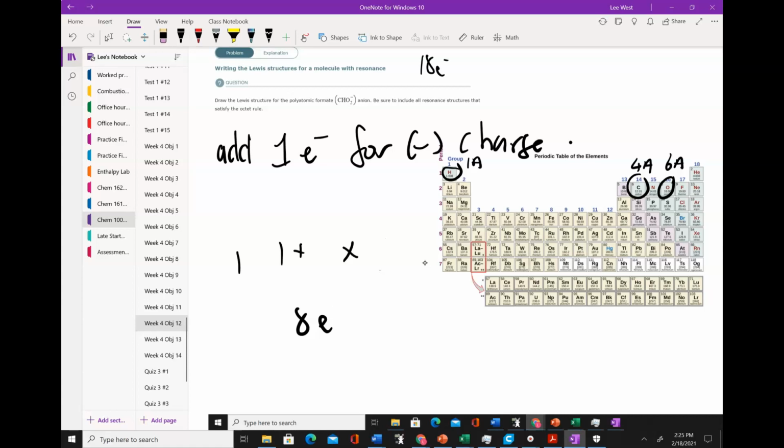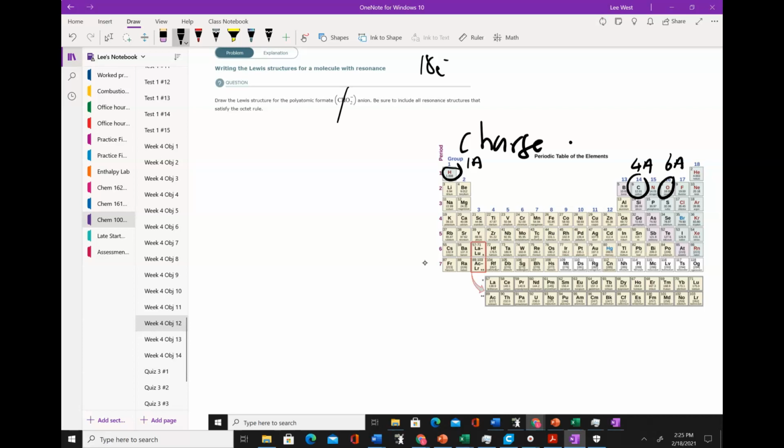So now, what atom is going to go in the middle? Hydrogen never goes in the middle, it's always an outer atom. And our rule for deciding the central atom is it's the one with the lowest group number. Carbon has a lower group number than oxygen, so carbon's going to go in the middle, and then we've got oxygen, oxygen, hydrogen.